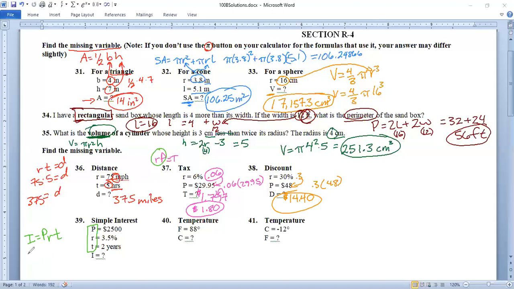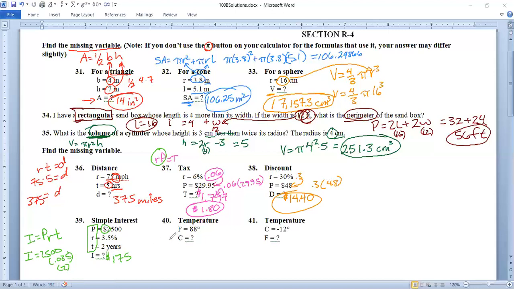So this is going to be 2,500 times 0.035 times 2 years, and we get 175. And we're talking about interest on dollars here, so this would be $175.